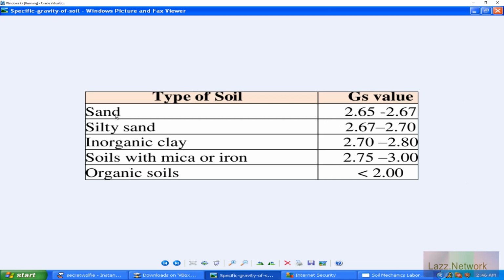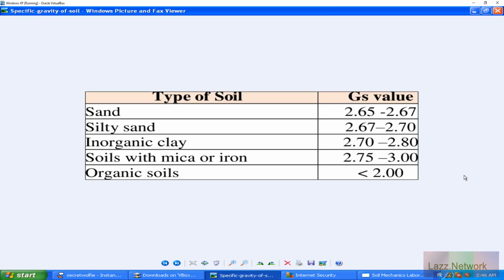But it's still classified. It's still within the sand range in itself. And like I said, for the table itself here, this is just general values of what you would see. Sands can be like 2.50 for a specific gravity. It all depends on what type of sand it is.